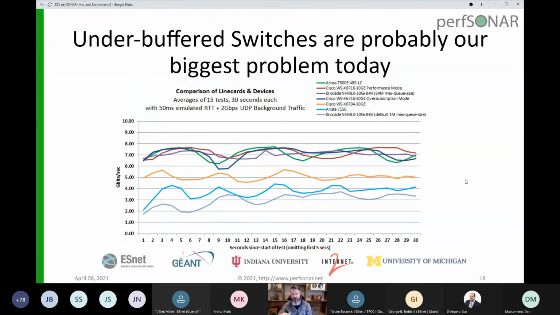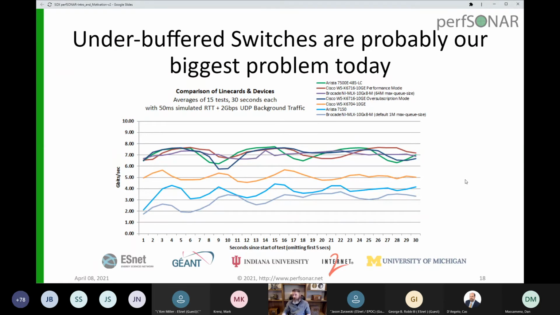But once you start getting into switchgear that maybe is not designed for long distance transfers, maybe it's a less expensive switch that you would have in the top of a rack in a data center where you don't need buffer because you're only going 1 to 2 milliseconds away, they start to fall apart doing the same kinds of transfers over 50 to 100 milliseconds. So we posted it in the chat, but there is a list there of switches and buffers and why that stuff matters.